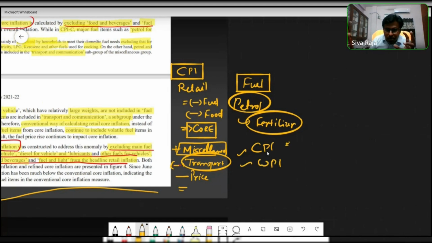What is headline inflation? The key term they will concentrate on. What is headline inflation in this? Next, what is retail inflation? Next, what is core inflation? And, for example, what is refined core inflation?